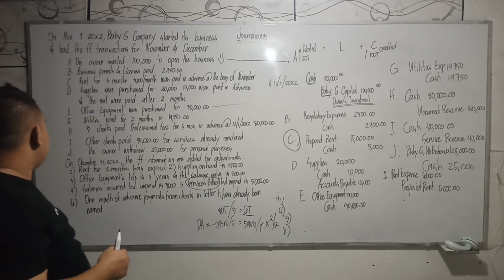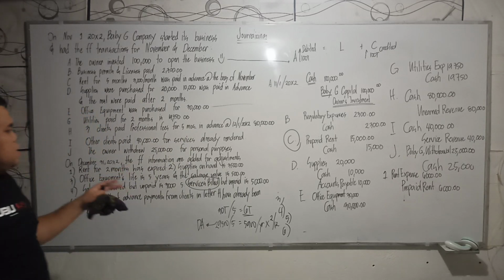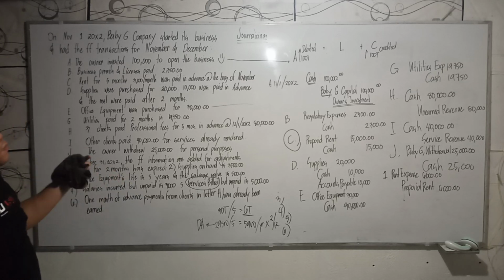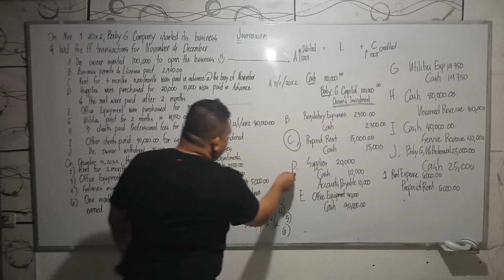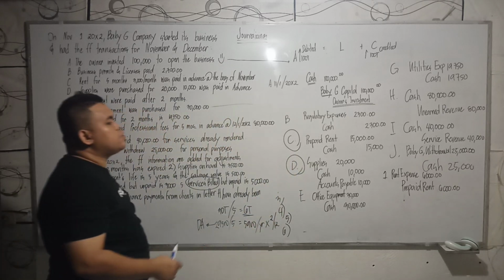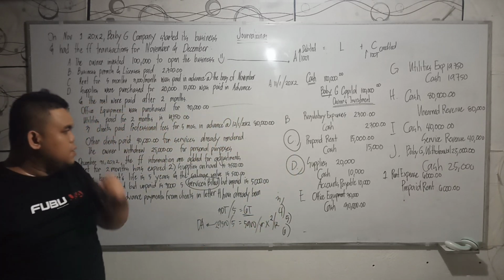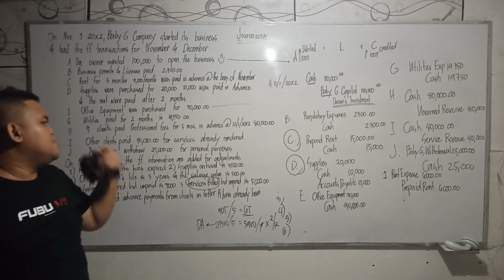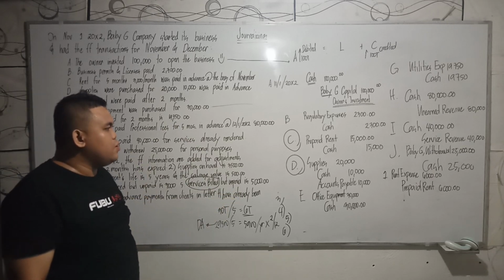How about number 2? It said that the supplies on hand is only 3,500. And if you have remembered, we have this entry where we purchased 20,000 worth of supplies. Okay? So 3,500 is the supplies on hand. That means 16,500 has already been used.